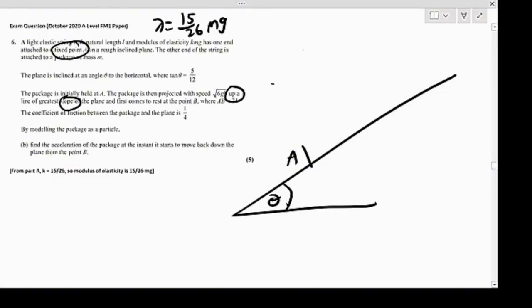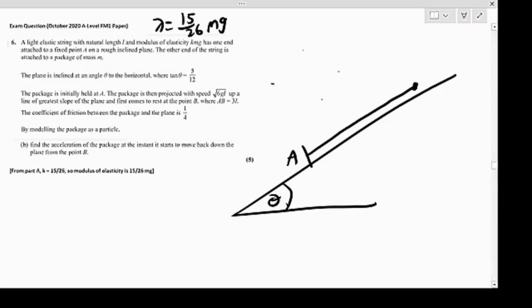We have A here, and the string is going to go up the slope to allow the particle, which they call the package here, to move up. So that's the setup here. Okay, so hopefully happy with that. So the fixed point has to be down the slope in order to allow the particle to move up it. Okay, so there we are.